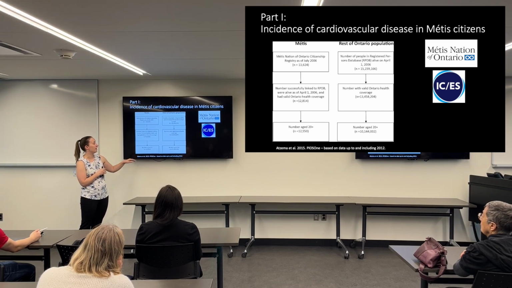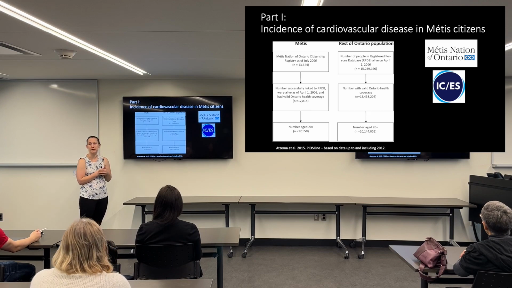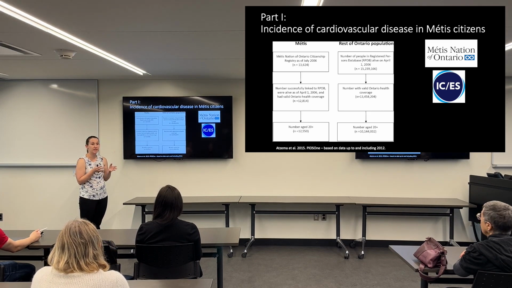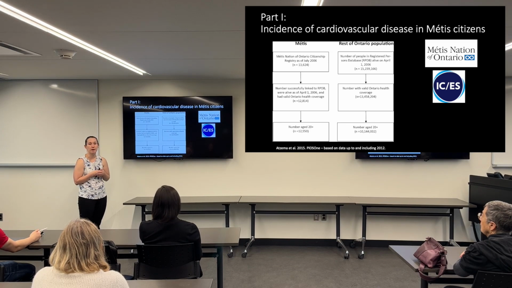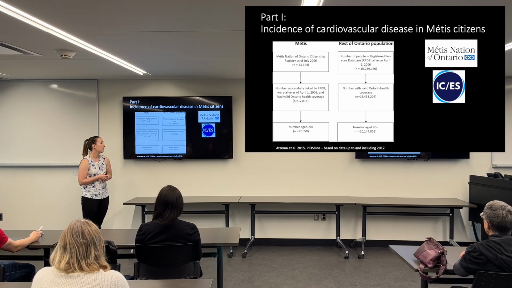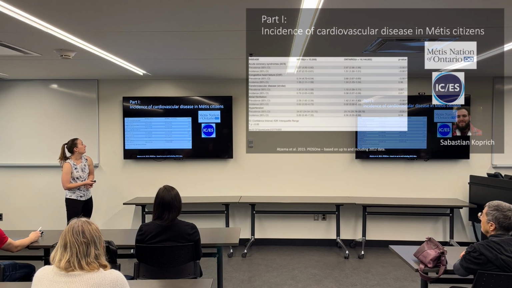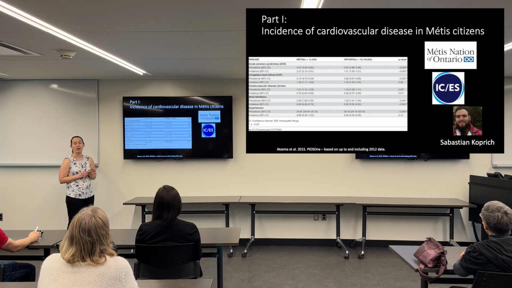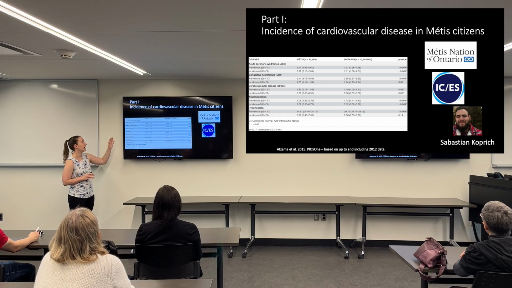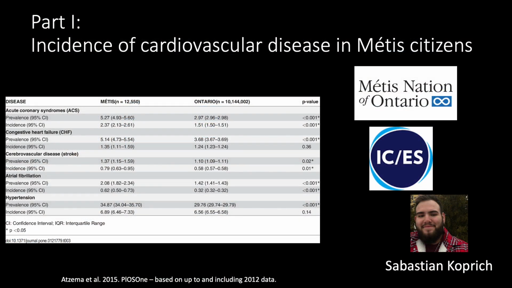And so in this study from 2015, what they did was cross-reference data from people that were registered with MNO, and also people that had gone into the hospital with one of 5 different cardiovascular related diseases. They compared cardiovascular disease outcomes in 5 parameters: acute coronary syndrome, congestive heart failure, cerebrovascular disease or stroke, atrial fibrillation, and hypertension.